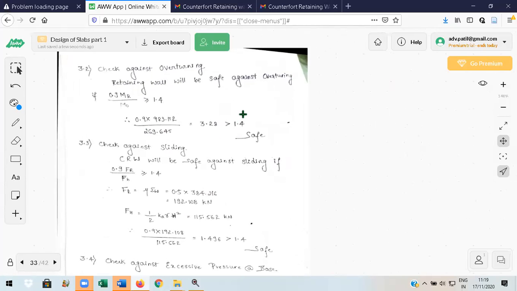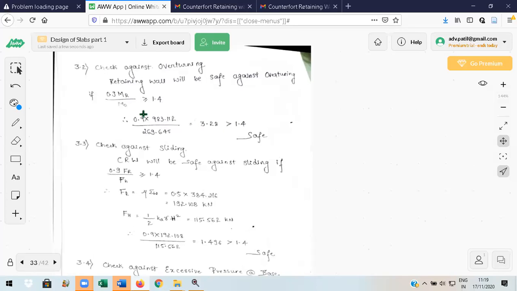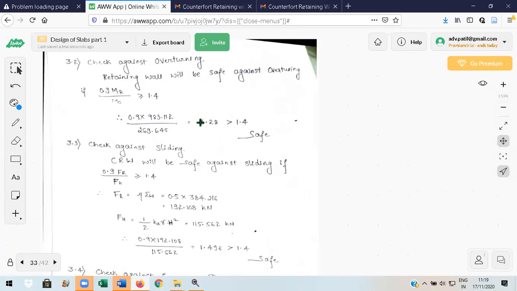It must be more than 1.4. It means there is no question of overturning. Overturning will not take place. The dimensions are sufficiently big, overturning is not possible. It means dimensions are okay, because the factor of safety is 3.24, whereas the permissible limit is 1.4.